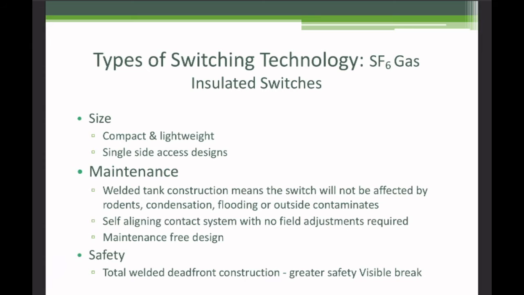Some advantages: it's compact, it's lightweight. The designs are from the 70s. Compare and contrast the technology we had in the 70s compared to the 1920s. That was a big 50 years. So the designs are much more modern. The switch components and metallurgy are much better.